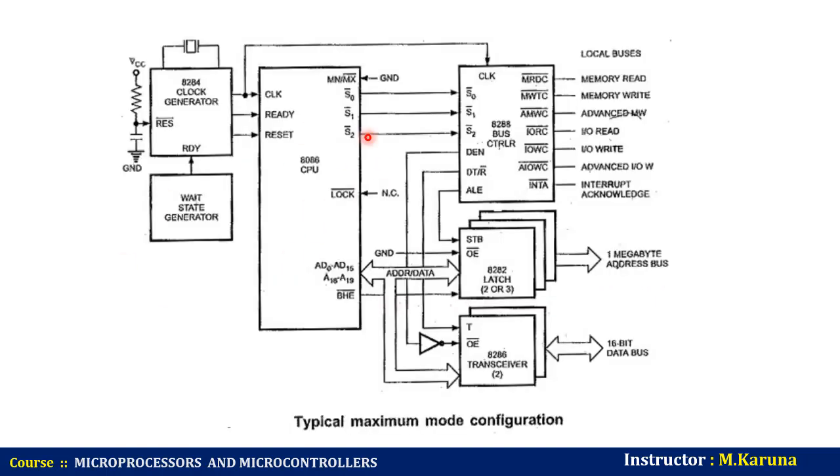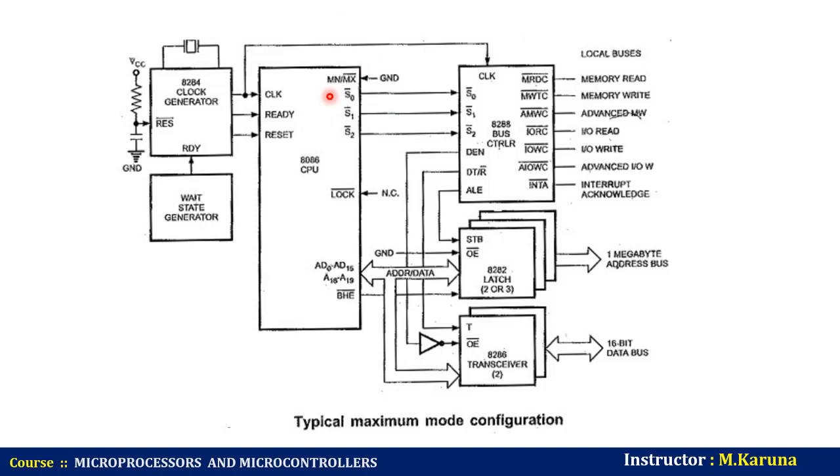Whenever the 8086's min or max mode pin is connected to ground, it will operate in maximum mode. In this mode, the processor derives the status signals S0, S1, S2. These signals are present in maximum mode operations. You should be thorough with the pin description of the 8086 microprocessor. In this mode, we can say the processor is used for multiprocessing.